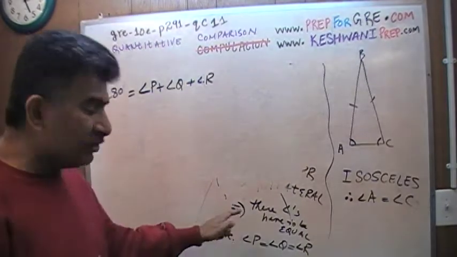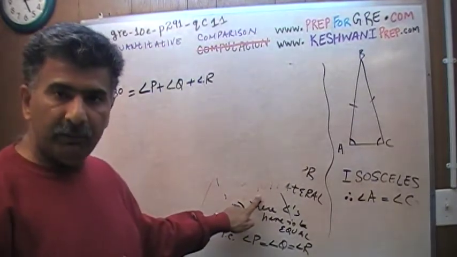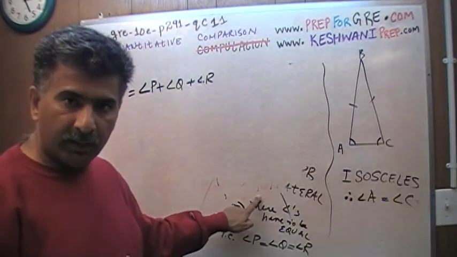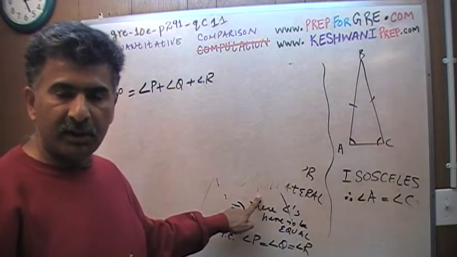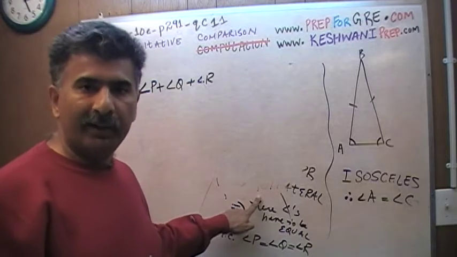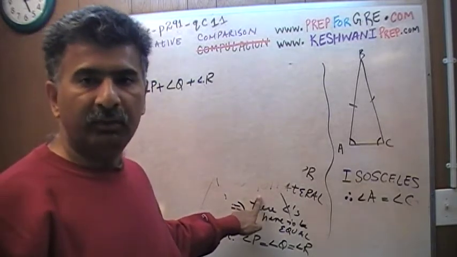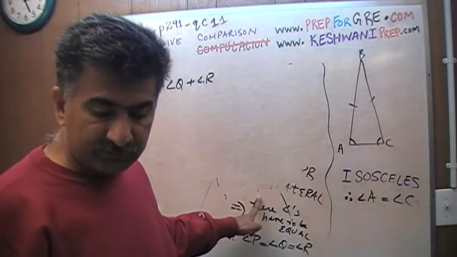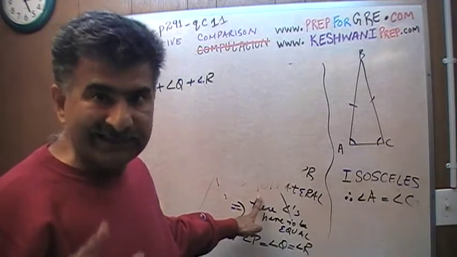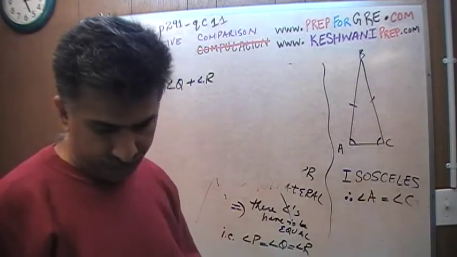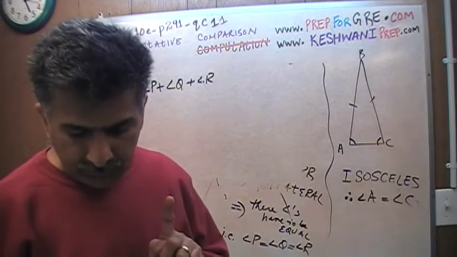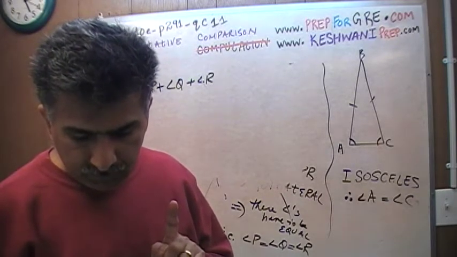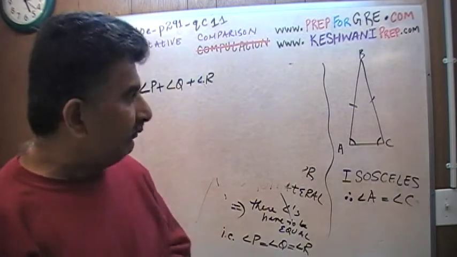Had we been dealing with an equilateral triangle, then all three angles are equal to each other, and because all three angles add up to 180, each angle has to equal 60, and in that case the answer would have been C. It's quite hypothetical. The answer would have been C if they had told us.